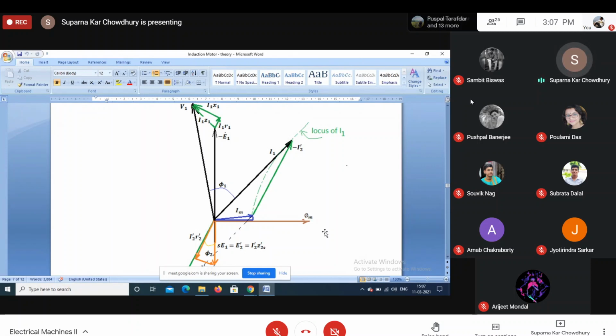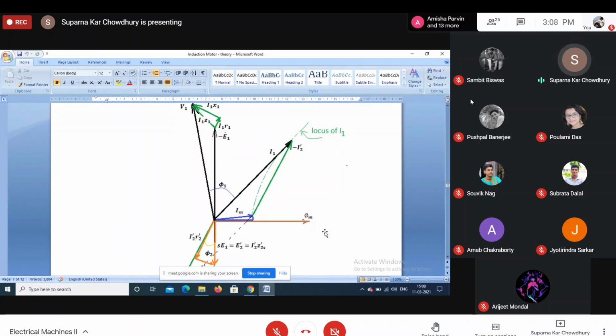When we give supply to the primary, a flux is set up. That mutual flux will link the secondary, and there will be EMF induced in it. If you connect a load across the secondary, it will get power. So the power is transferred from the primary to the secondary by induction.